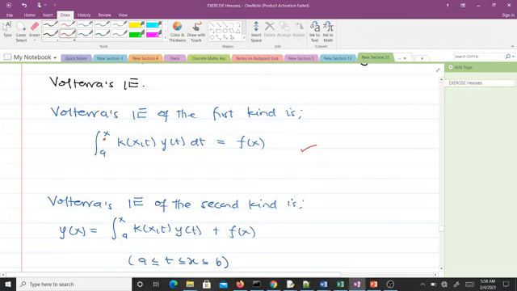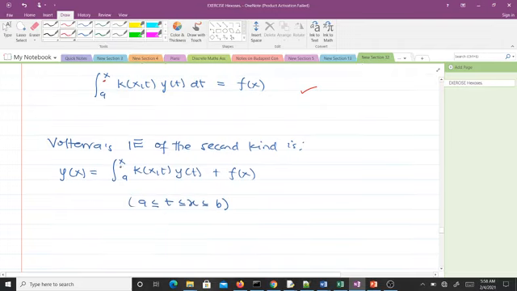The variable x. In the second kind, we replace it with what? X. So when the b in the Fredholm's is replaced with a variable x, then now we have a Volterra's integral equation, okay? So there's the first kind, there's the second kind. I hope you understand.